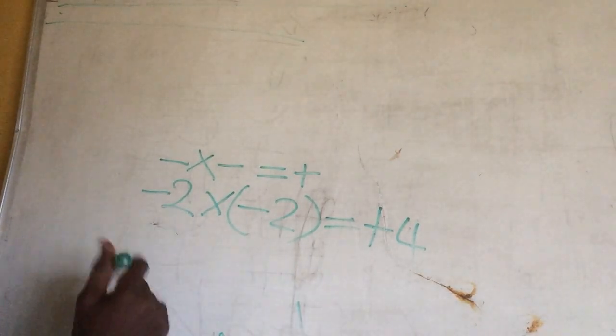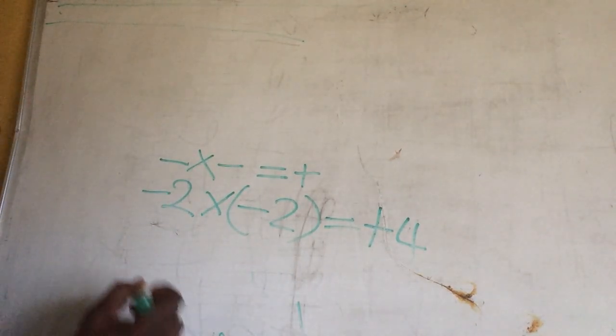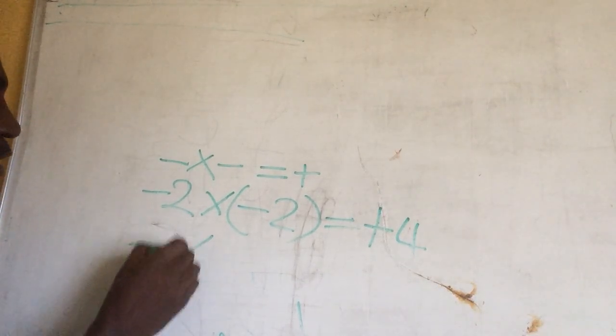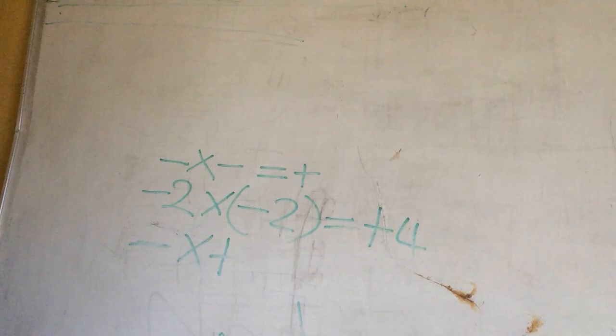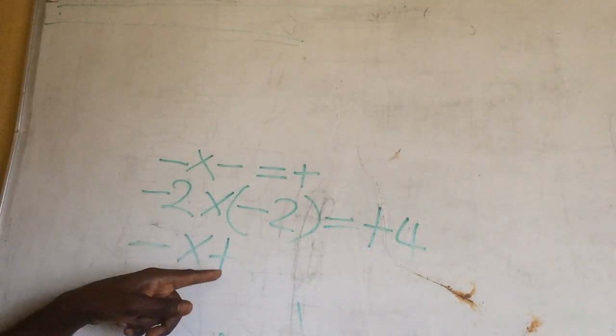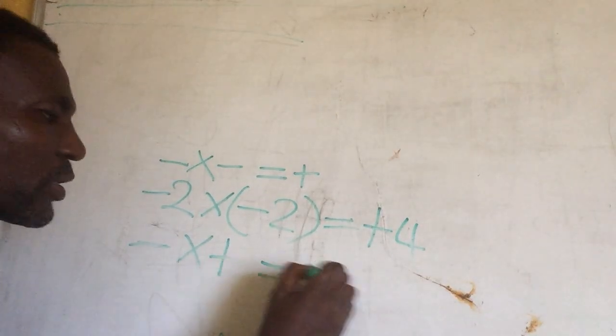Another thing is you can also see minus multiplied by plus. In this case, minus multiplied by plus, the answer is what? Minus.